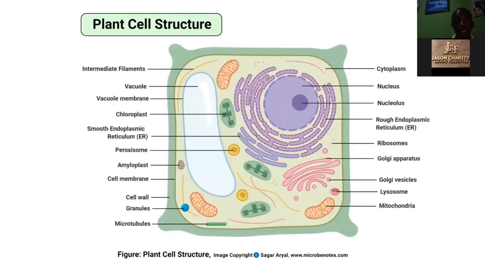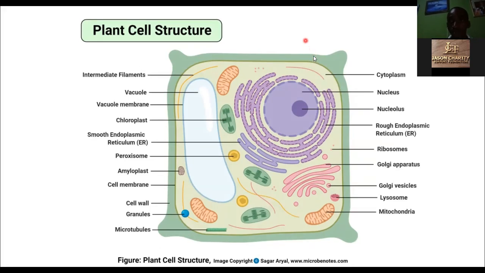So let's look at a typical example of what a plant cell looks like. Right now, this is what a typical example of a plant cell looks like. Now, this angle here, can you see the point I am using now?